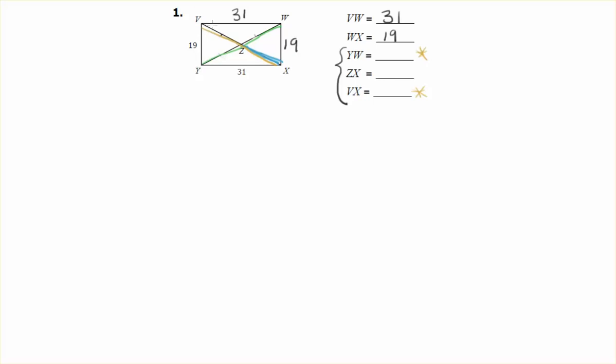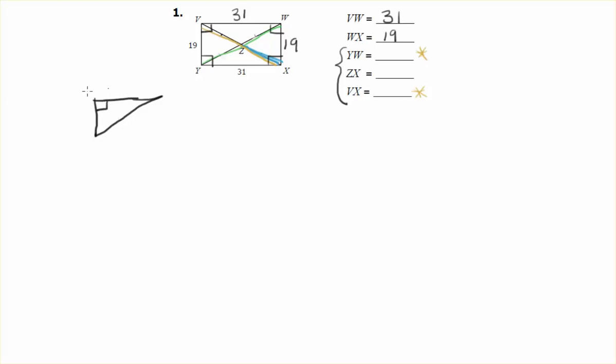We have to remember that these angles are 90 degrees and we have our side lengths. So what we can do is split that rectangle into a triangle. I'm just going to draw one triangle, and that should be good enough to see what we should be doing.